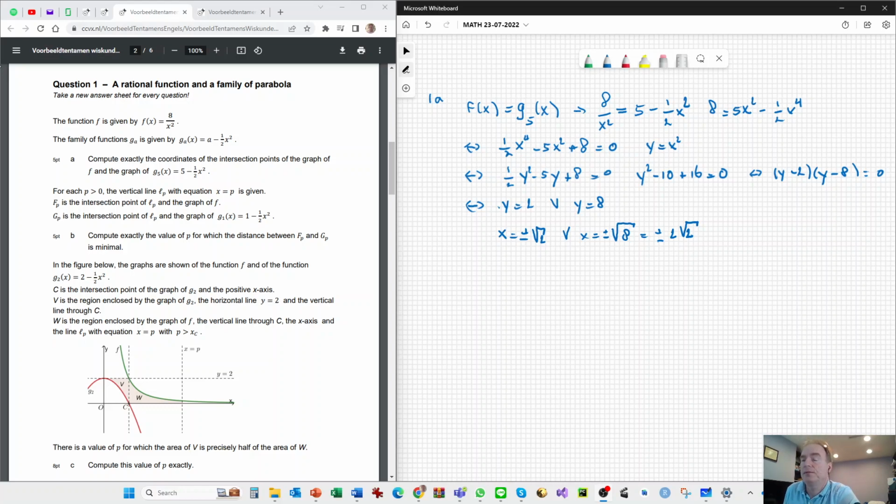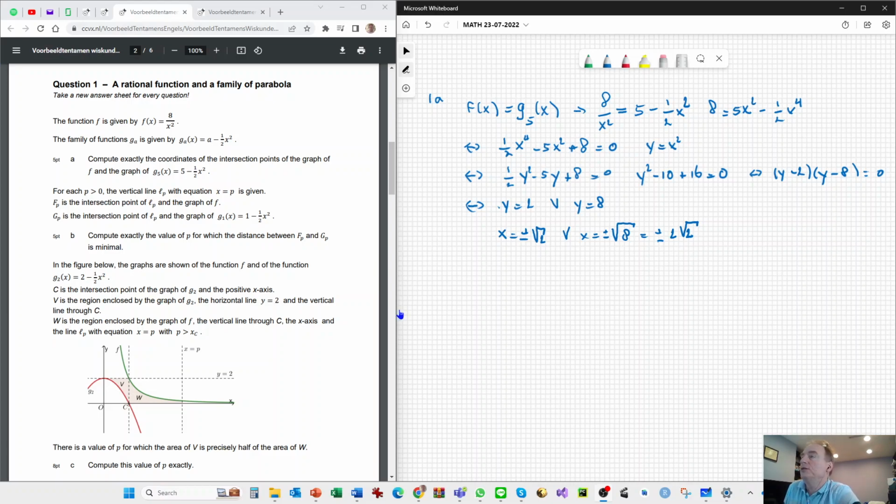So we look at a vertical line with p greater than 0, so it can be anywhere there. You kind of see that here the distance between f and g will be large, then get smaller and smaller, and probably around here it will be smallest and increase here.